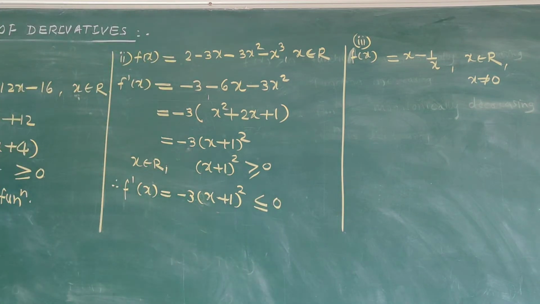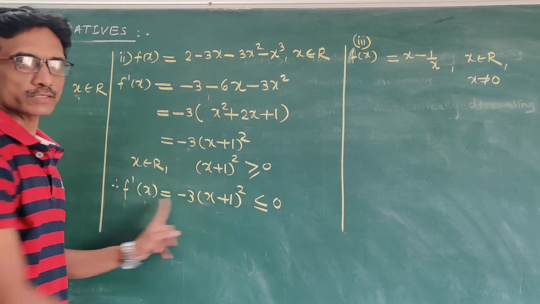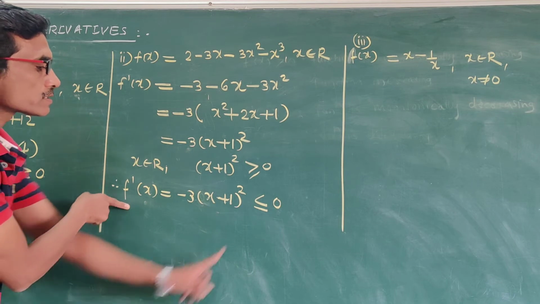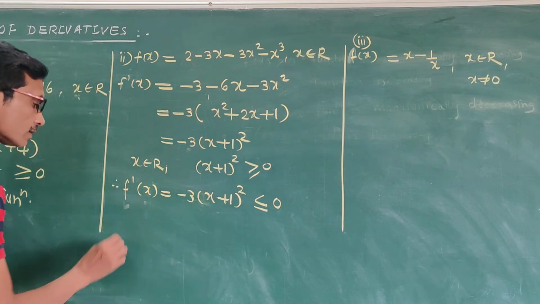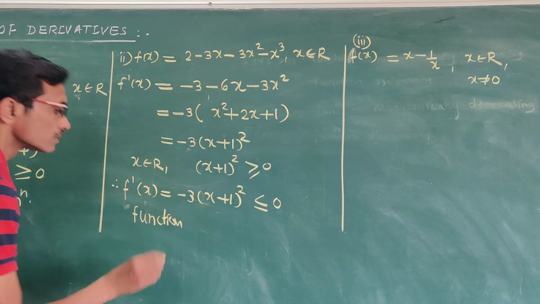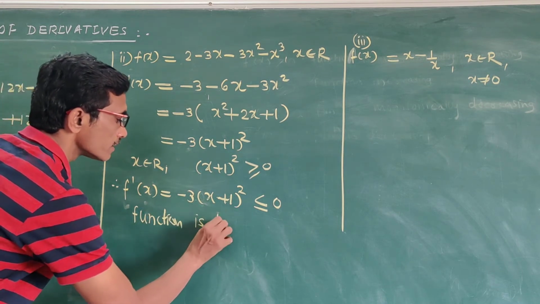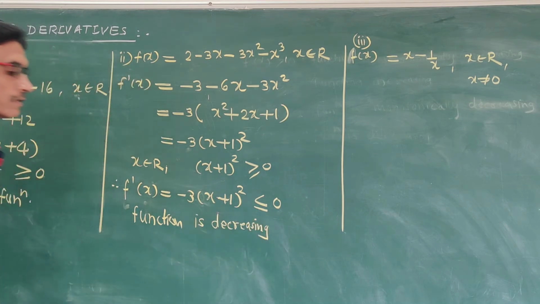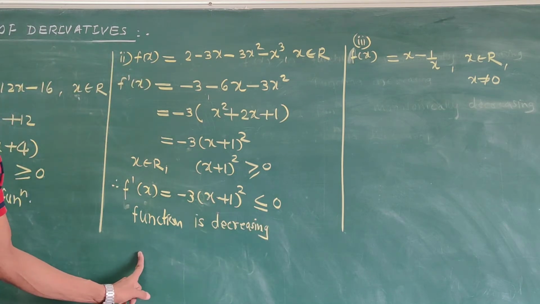What do we infer when f'(x) is less than or equal to 0? The function is a decreasing function.